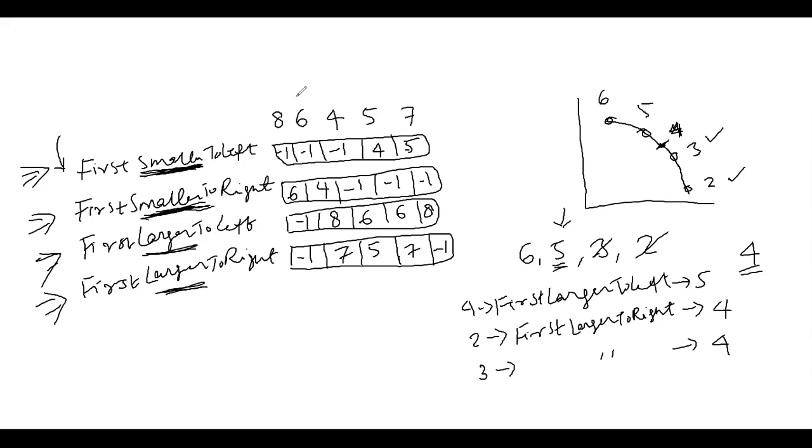Great. So with this, you know the process: if I have to find the first larger towards left or first larger towards right, then I should build a monotonically decreasing stack. But if I have to get the smaller towards left or smaller towards right, then it's better to build a monotonically increasing stack. Clear, right?